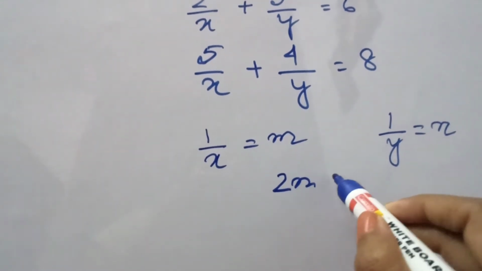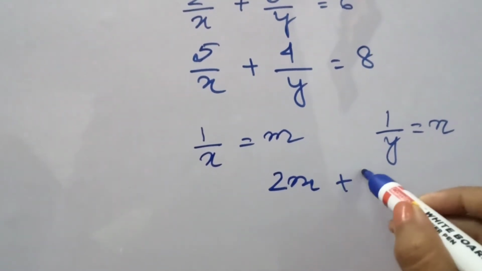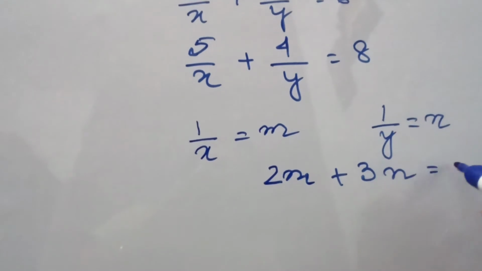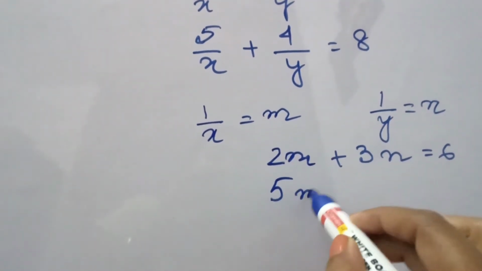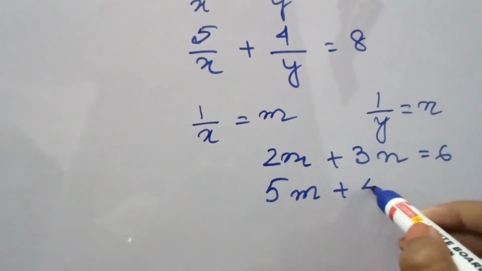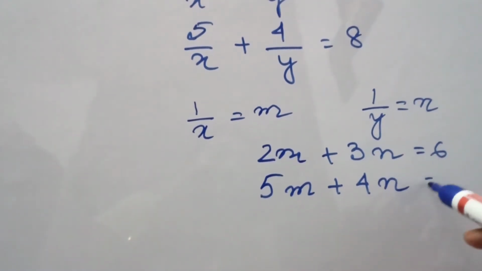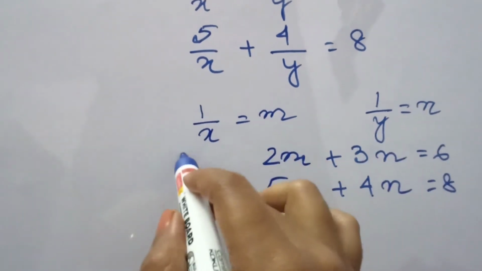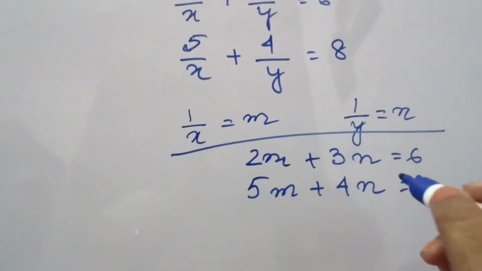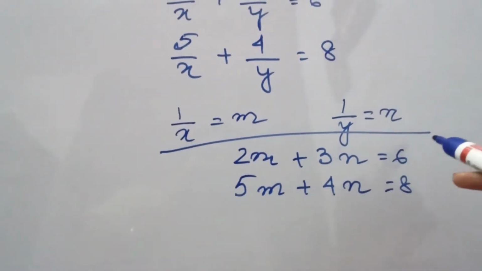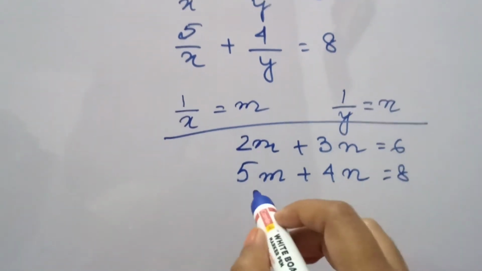2m plus 3n is equal to 6, and here I get 5m plus 4n is equal to 8. Now I am getting a normal equation, correct? Now it is easy for me to solve. So I am using the elimination method.